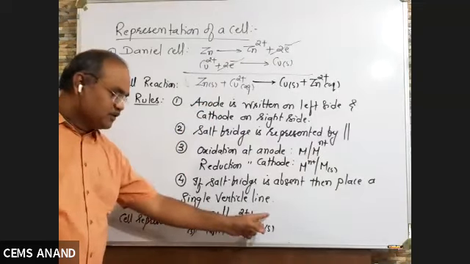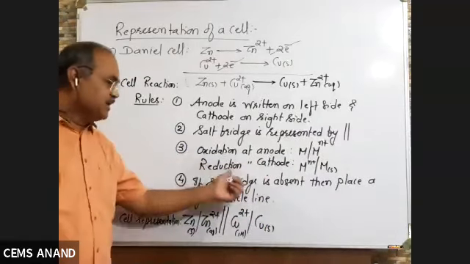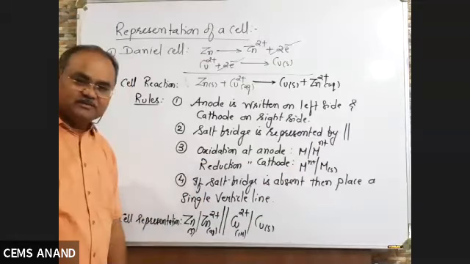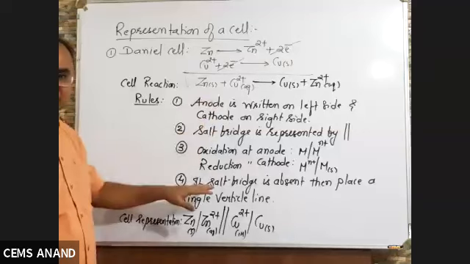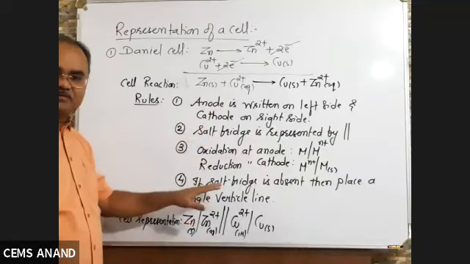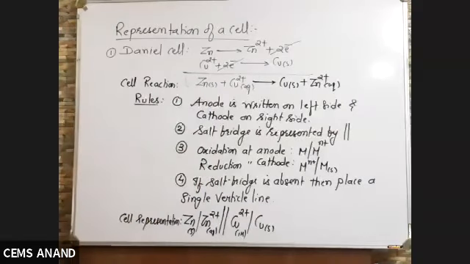Cu2+ is undergoing reduction to Cu, and it is written on the right side because the cathode should be written on the right side. So these are the rules. We'll take some examples to represent different types of Daniell cell. First, take the screenshot.